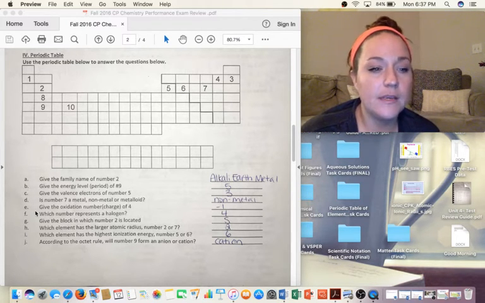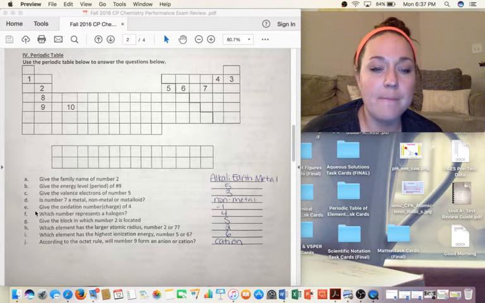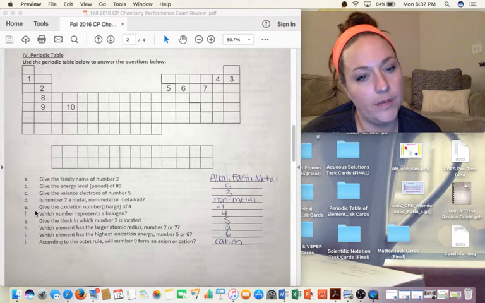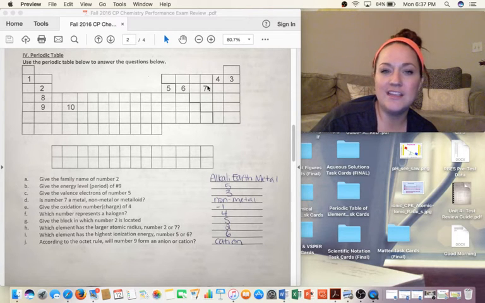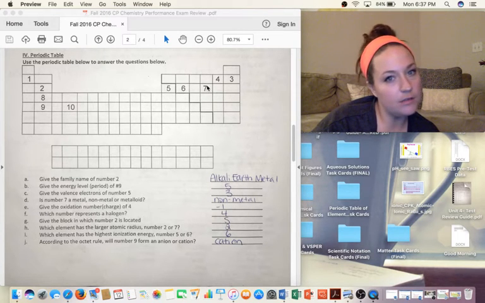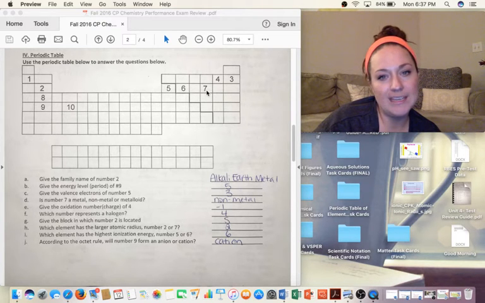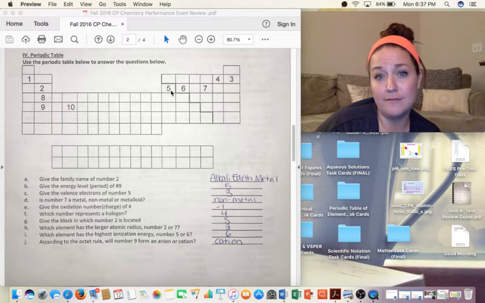D. Is number 7 a metal, nonmetal, or metalloid? So number 7 is right here. He is not touching that cute little line right here at all, so he is a non-metal. Now 6 is a metalloid.